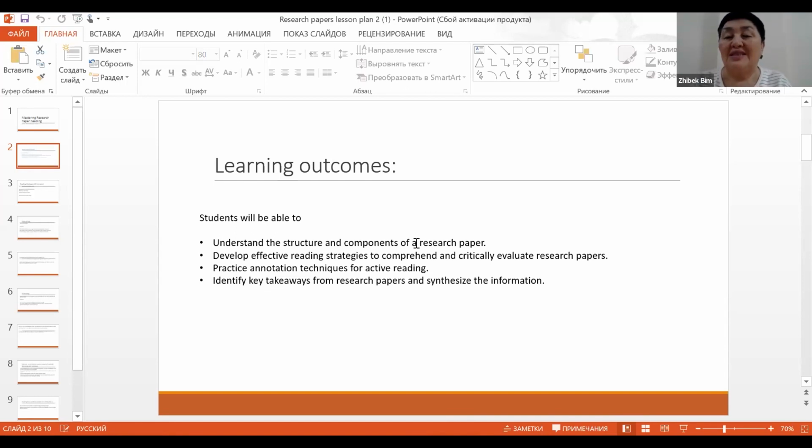You need to understand the structure and components of a research paper, develop effective reading strategies, then practice annotation techniques for active reading, and of course, identify key takeaways from a research paper and synthesize the information.